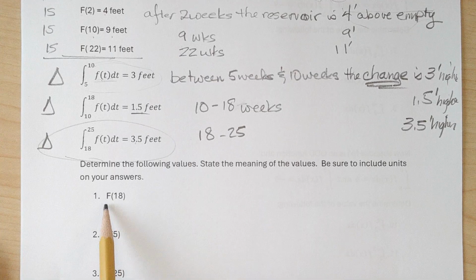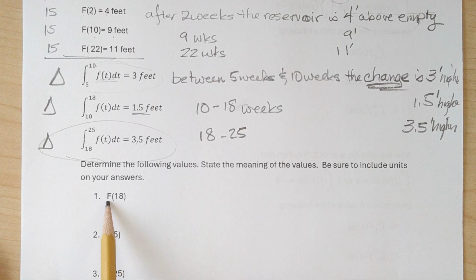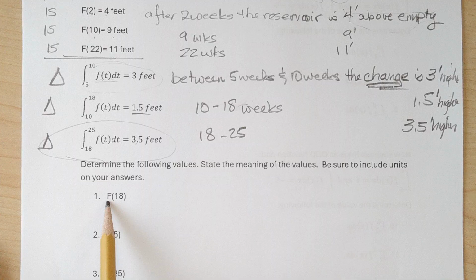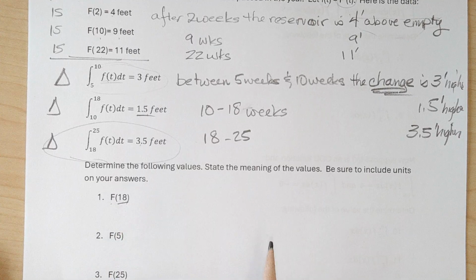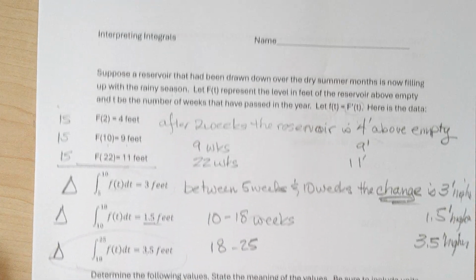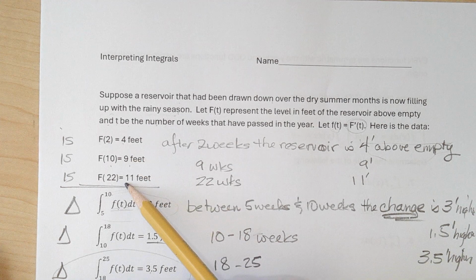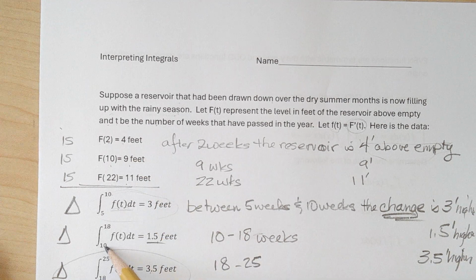So here we're supposed to find out how high was it above empty after 18 weeks. Well, it doesn't tell us, but it says between 10 and 18, it went up 1.5.